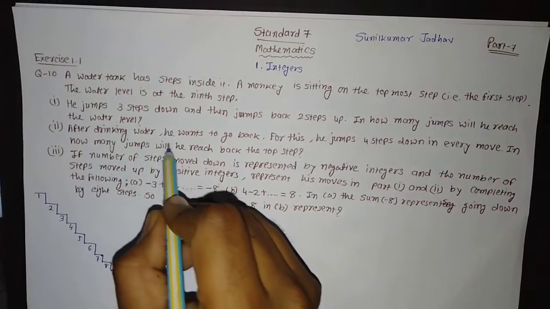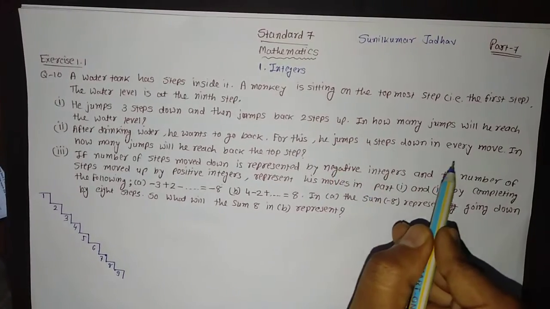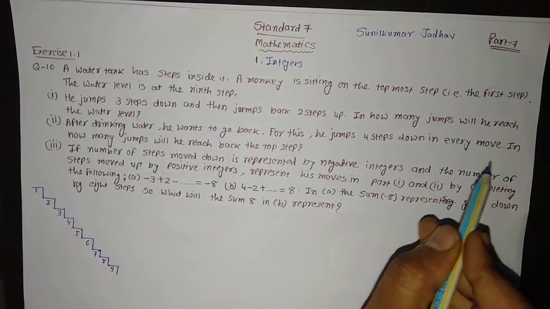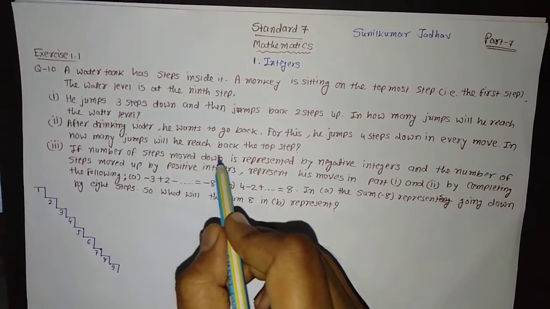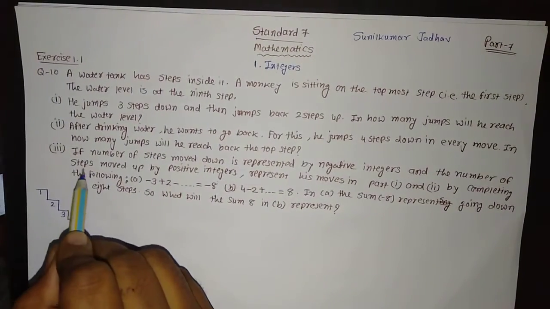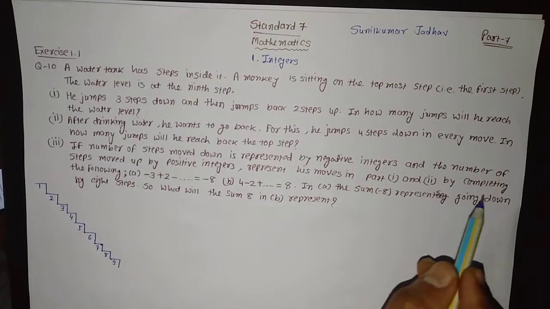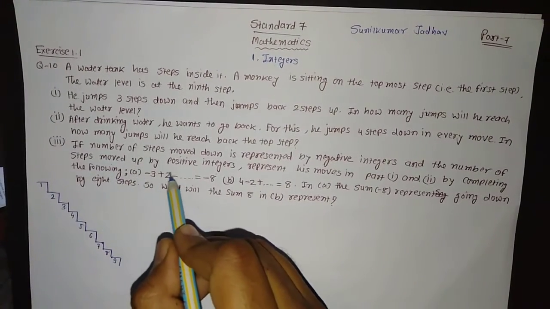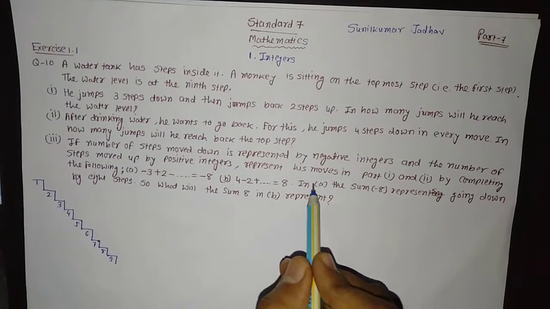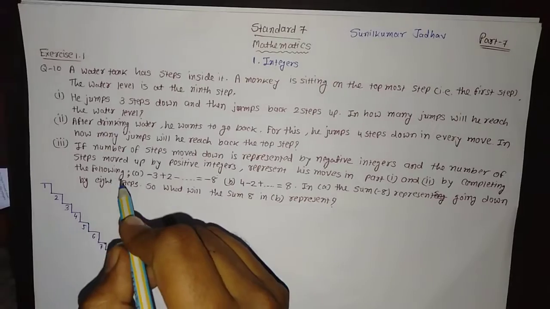Second, after drinking water, he wants to go back. For this, he jumps 4 steps down in every move. In how many jumps will he reach back the top step? And the third one: if the number of steps moved down is represented by negative integers and the number of steps moved up by positive integers, represent his moves in parts 1 and 2 by completing the following.